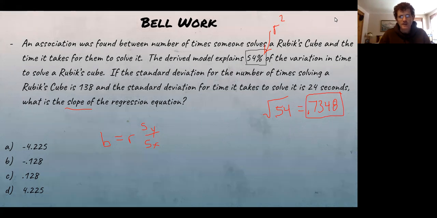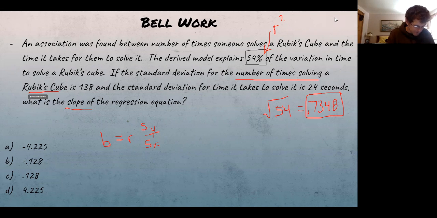So what we're correlating here is the number of times someone solves a Rubik's Cube, and I should have looked at it up here actually, the number of times someone solves a Rubik's Cube and the time it takes. So here's what I would think.